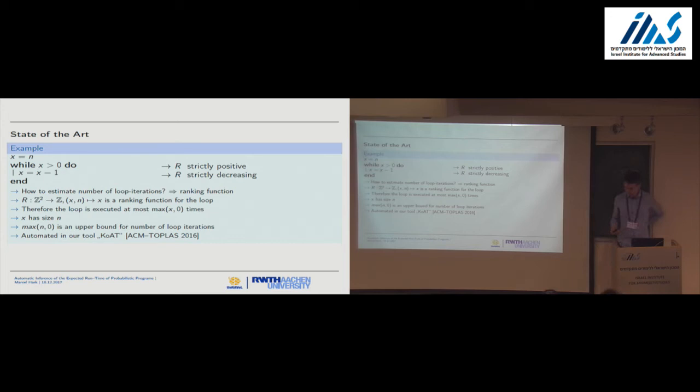If you want to find a ranking function, you usually just ask for linear ranking functions, and then you generate a template for a linear polynomial, and you have conditions due to these two things that you want the ranking function to satisfy, and then you give this to an SMT solver, and then it gives you the ranking function.